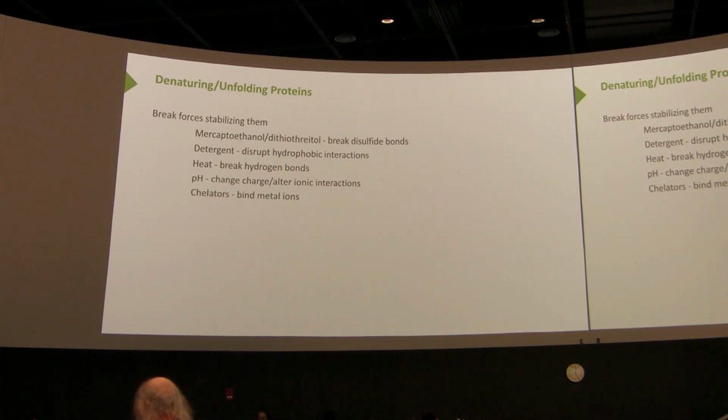There are a variety of chelators out there. One that we commonly use in the laboratory is called EDTA, ethylenediaminetetraacetic acid, but you don't need to know that. Okay? EDTA will bind to magnesium ions, for example. If magnesium is important in the overall structure of a protein, that can help, again, to destabilize the overall protein.